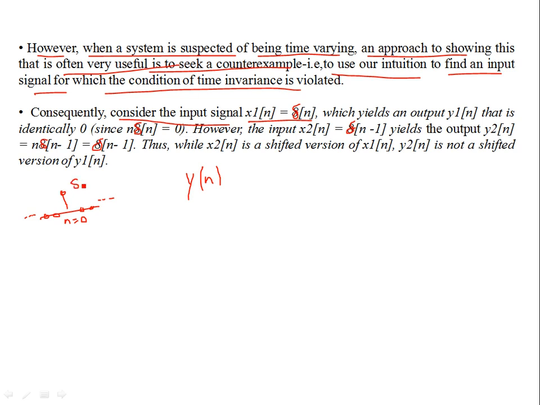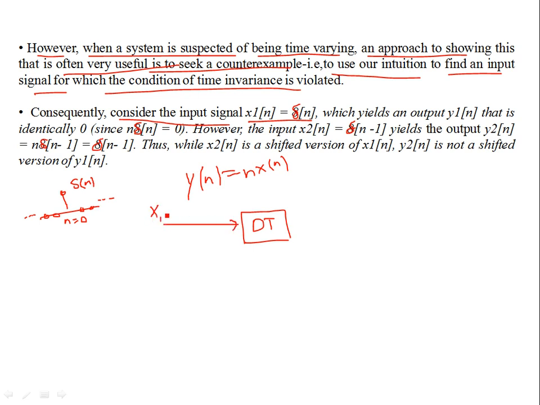This is my delta. Now I have the same system, my discrete time system, defined by the relationship y of n equals n times x of n. Now to this system we apply an input.